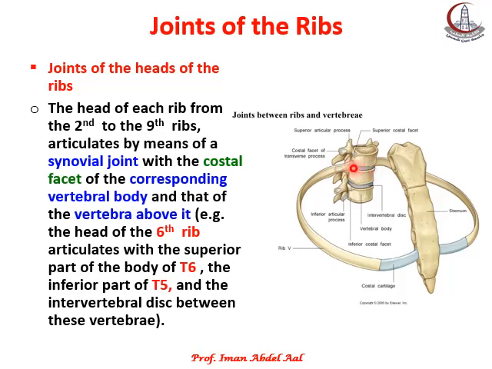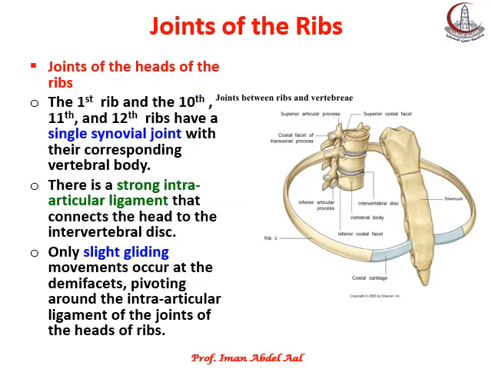And also with the intervertebral disc in between vertebra number 5 and number 6. To make sure that you understand this, suppose this is number 7. So what will be the number of the rib here? It will be rib number 7. It will articulate with vertebra number 7 and with vertebra number 6 and also with the intervertebral disc in between.